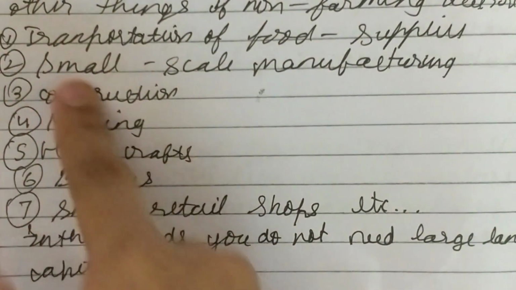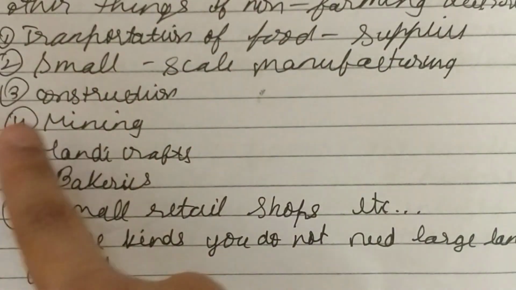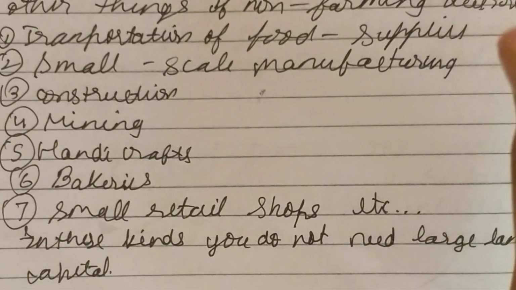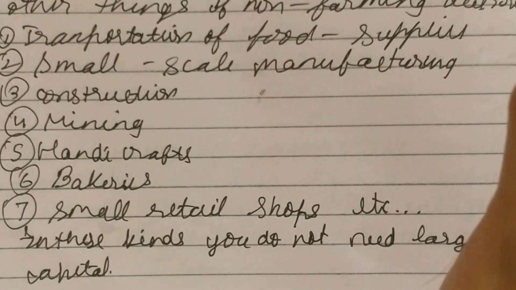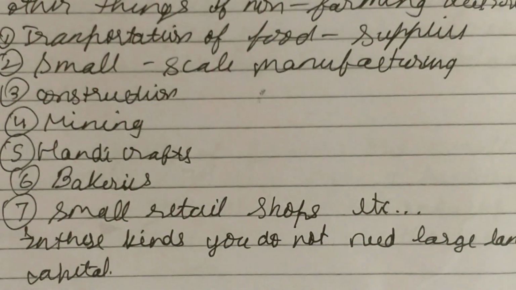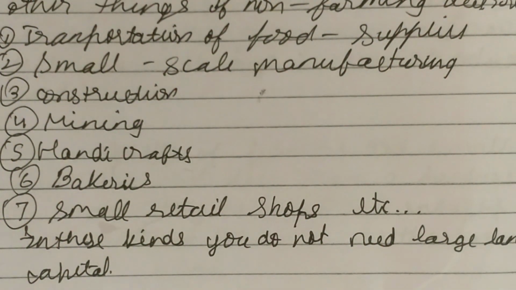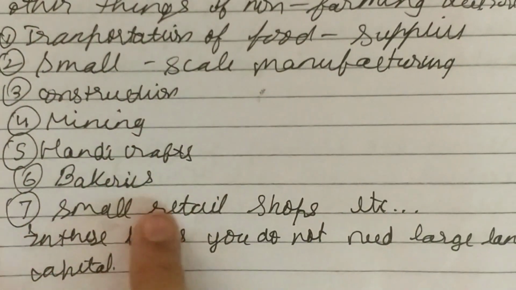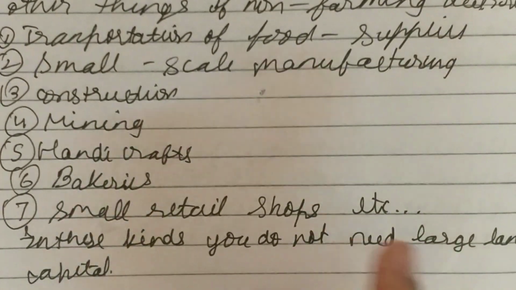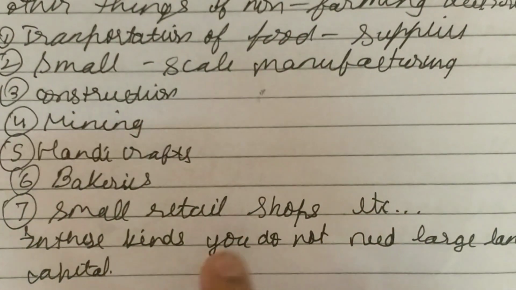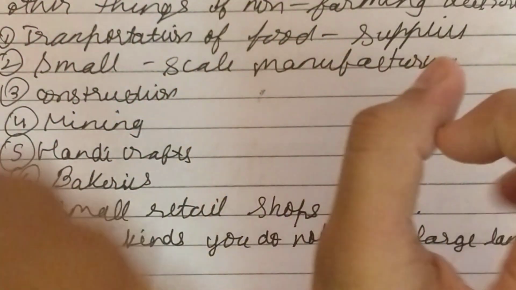The transportation of food and supplies and small-scale manufacturing are a few examples of non-farming activities. So small-scale manufacturing, construction, mining, handicrafts, bakeries, and small retail shops we saw, and so on. In these you do not need large-scale capital.